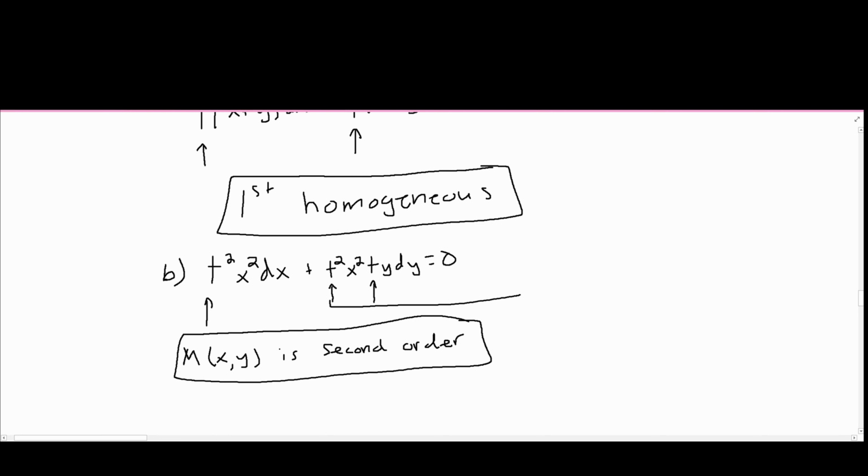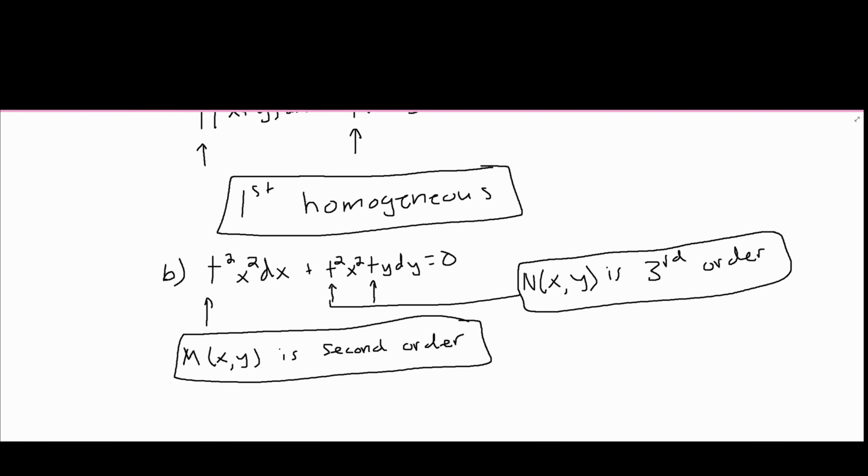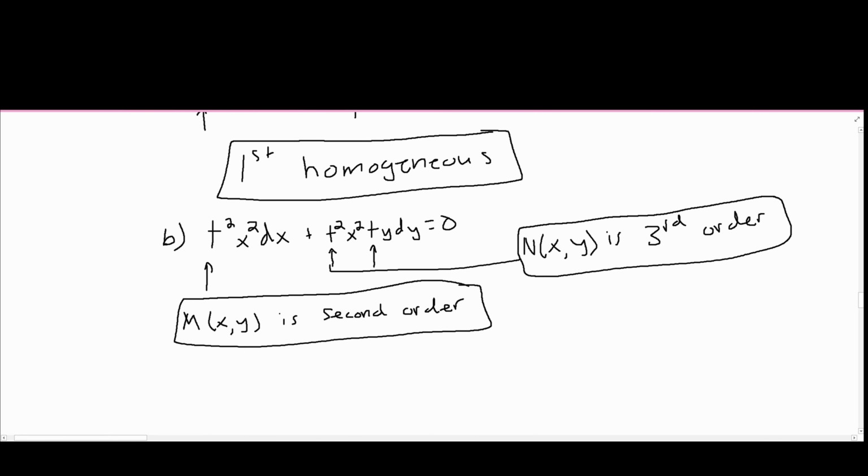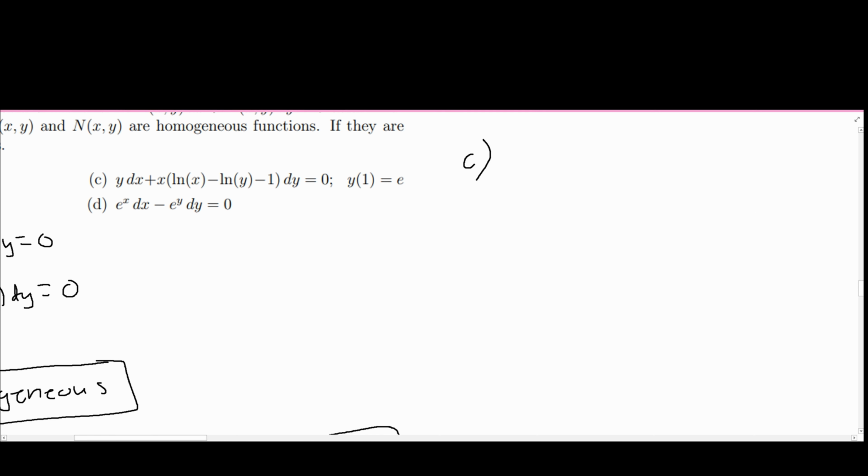So that means n of x comma y is of the third order. Since this is of the second order and this one is of the third order, they are of different orders, meaning they are not first order. That is not homogeneous.